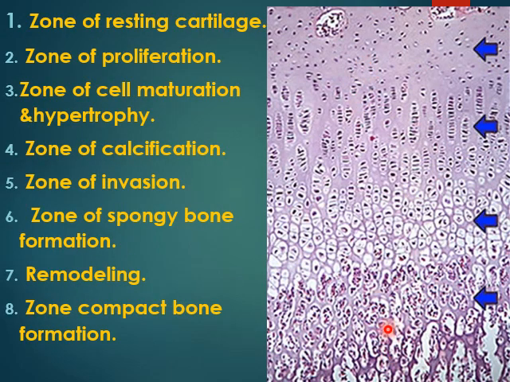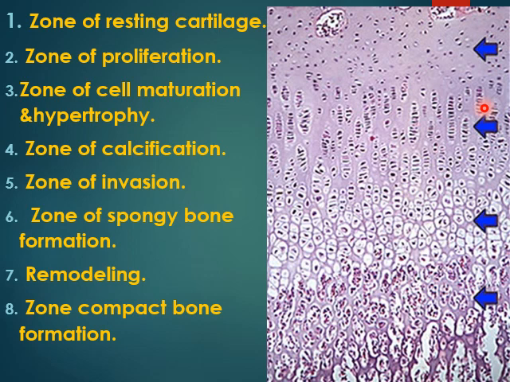Here is, dear students, the epiphyseal plate. First stage is the zone of resting hyaline cartilage. Then the proliferative zone, in which the chondrocytes increase in number and become arranged into parallel rows.